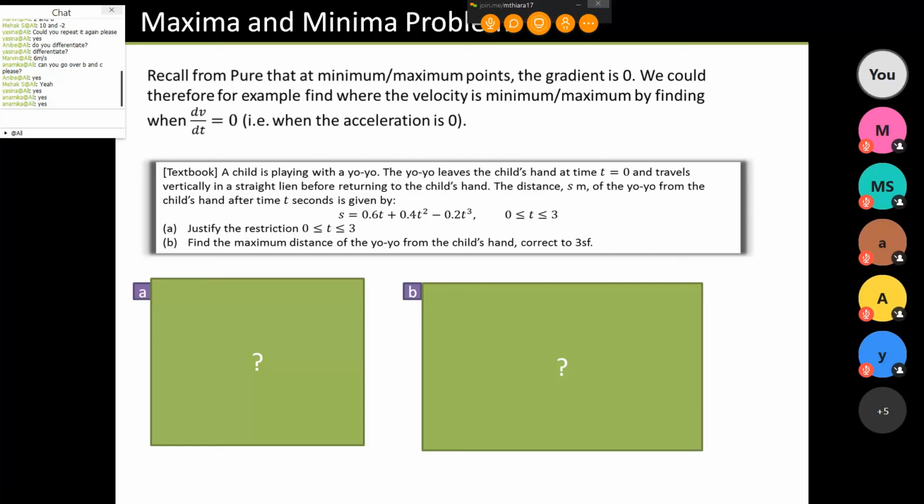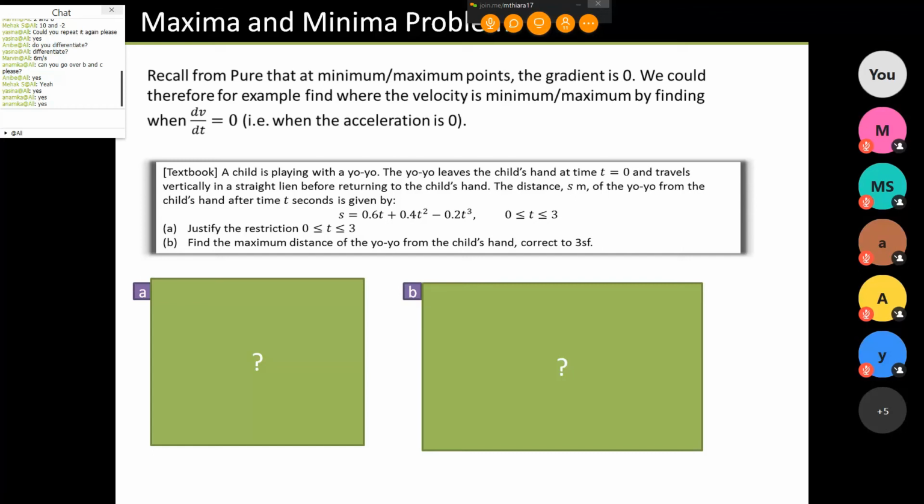Right, so let's go through this example here and understand what we've been asked to work out. A child is playing with a yo-yo. The yo-yo leaves the child's hand at time t equals 0, travels vertically in a straight line before returning to the child's hand.